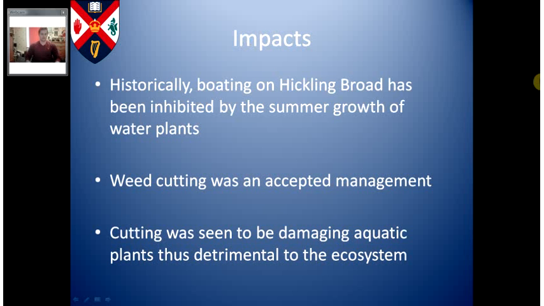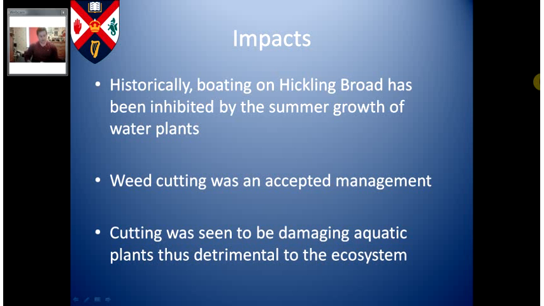Impacts then. Historically, during the summer months, when nutrient loading has lowered, aquatic plants and weeds have inhibited people on the rivers from sailing and boating. And weed cutting was always an accepted management strategy. However, the cutting was seen to be damaging aquatic plants, thus detrimental to the ecosystem.